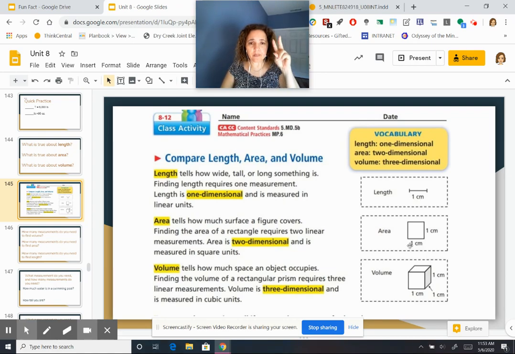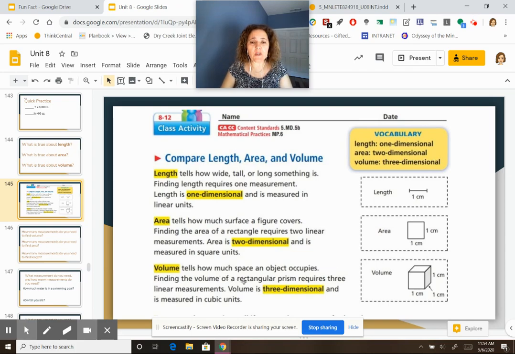Area, two-dimensional, and two measurements, the length and the width. Remember to find area, it's length times width, and it's what's in the inside. So you want to know how much something is covered in the inside of something, okay?